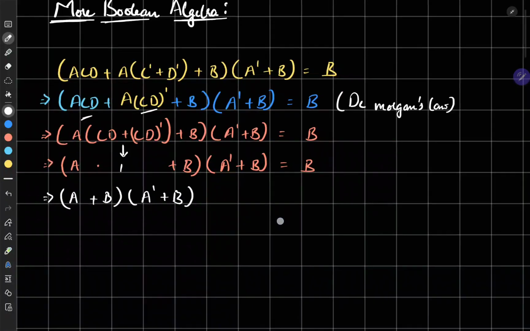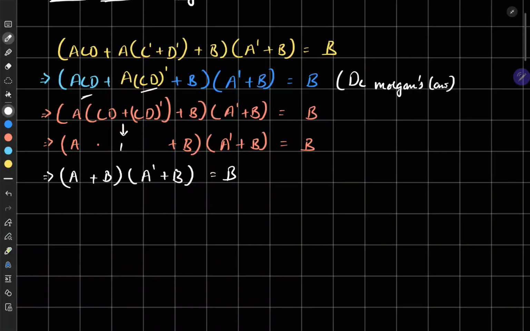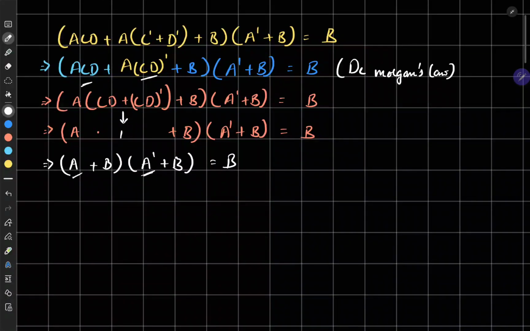So now we have to figure out what we can do to filter out that B, because that's all we want, right? So let's look at these internal A's again.